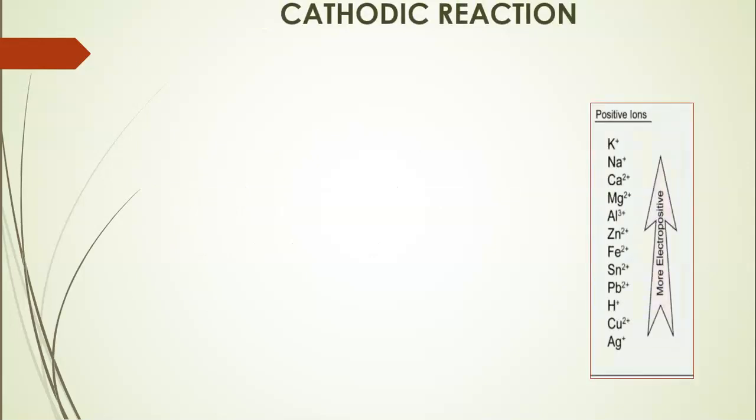To decide as to which one will get discharged, we have an electrochemical series for a reference. An electrochemical series for cations is where all the metal ions are placed in the decreasing order of their stability. That is, the ions which are more stable are placed at the top, and as we go down, the ions become less and less stable.